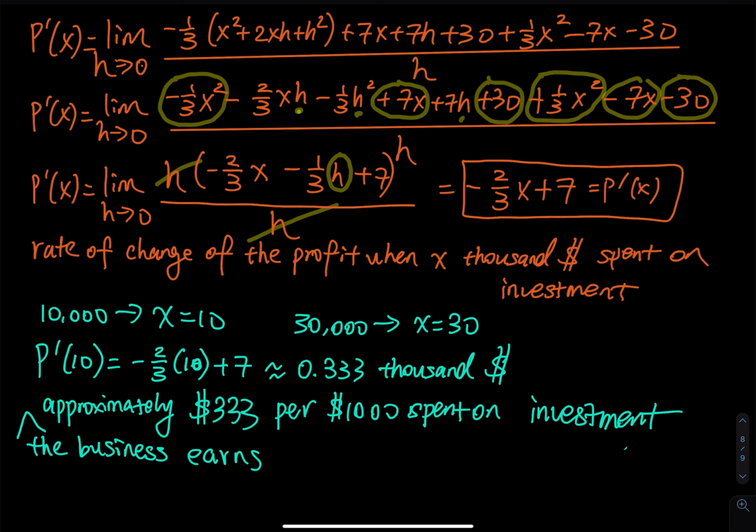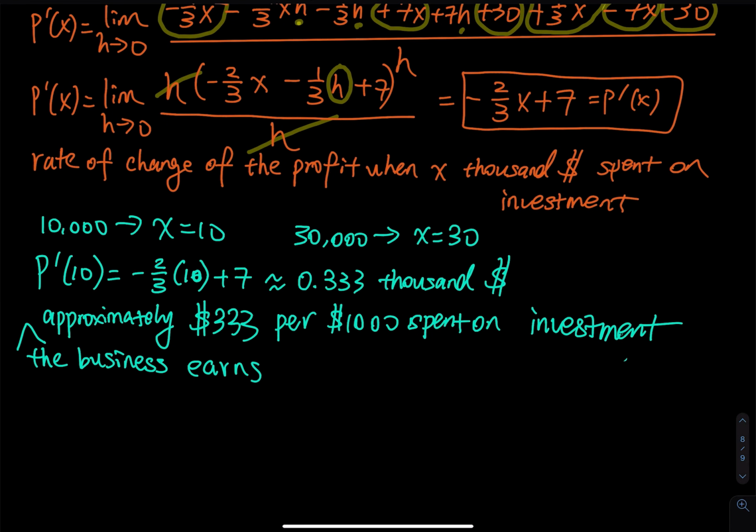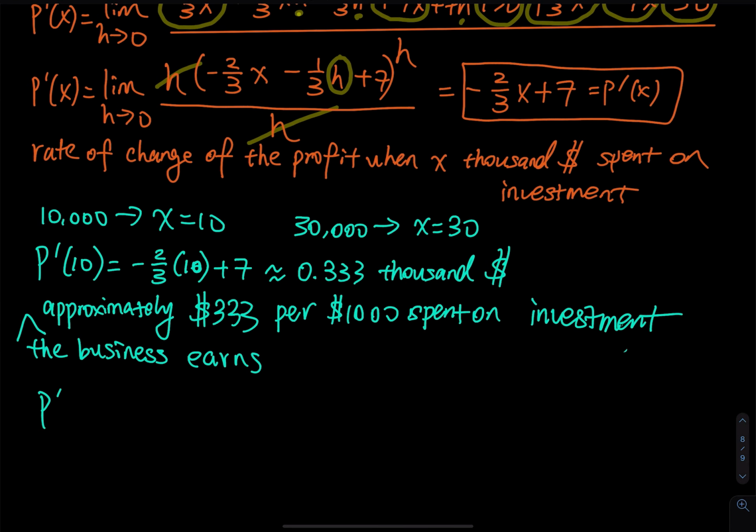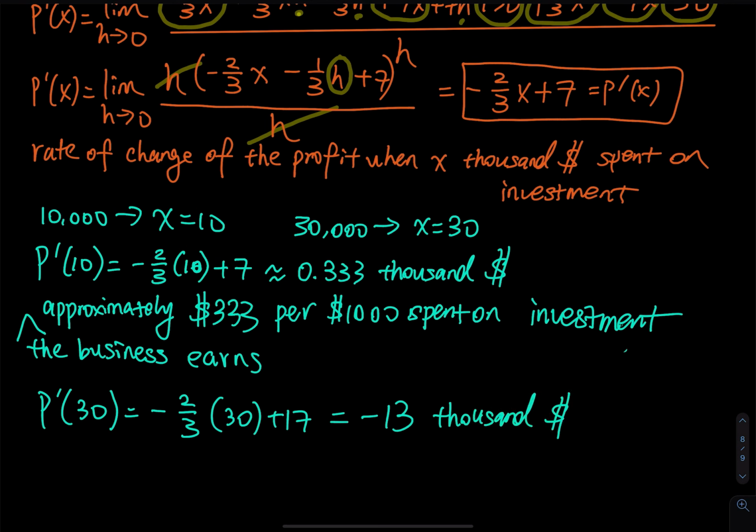Can the rate of change be negative? Of course. When x equals 30, p prime of 30 equals negative 2/3 times 30 plus 7. This is negative, so this is negative 13. Of course, the unit is $1,000. What does that mean?